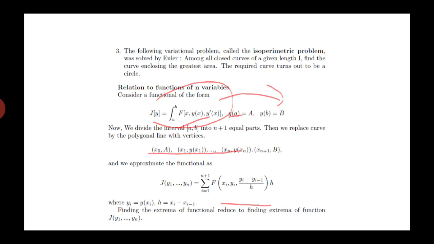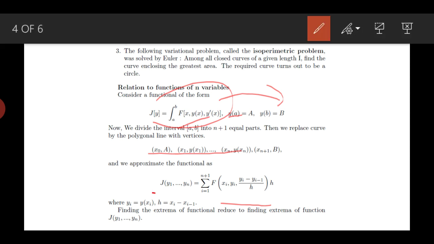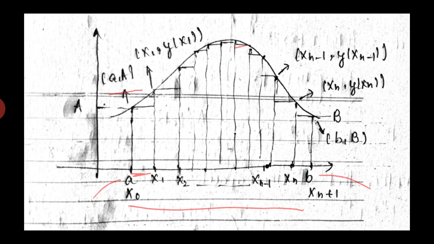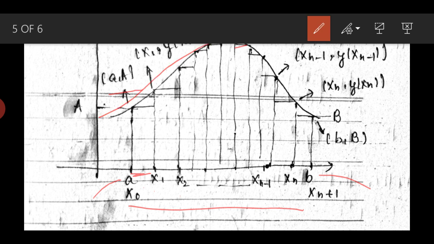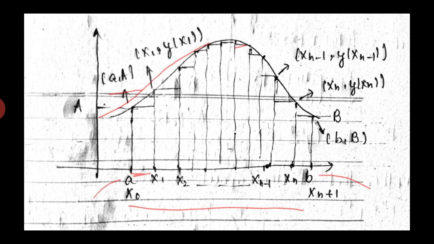So this functional now is approximated, and it is a function of the variables y1, y2 and so on up to yn, because I can vary these points as the function varies.